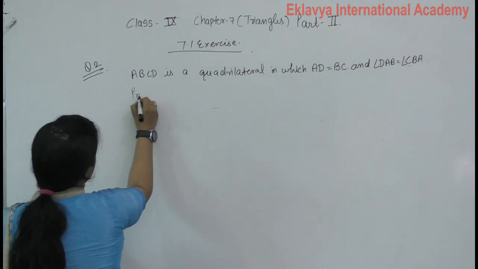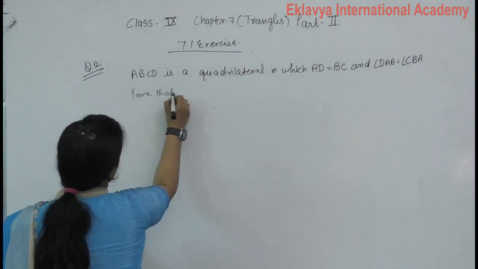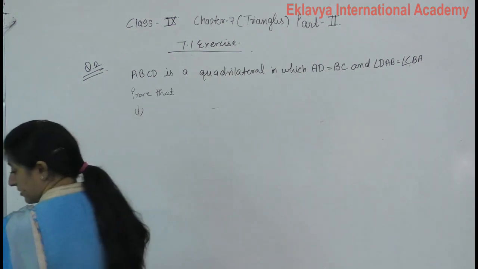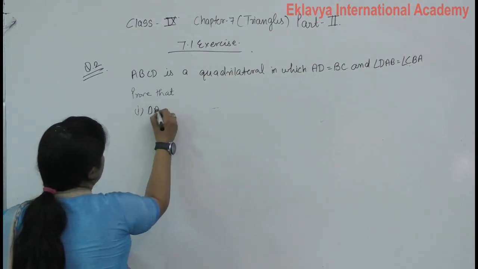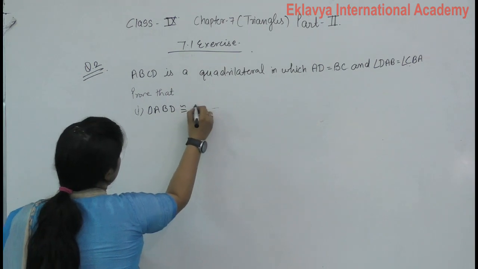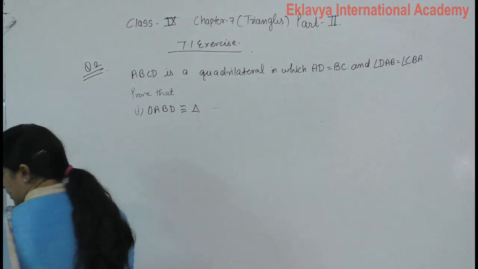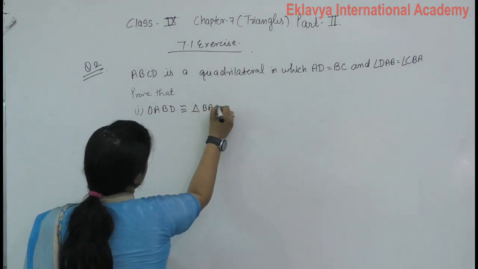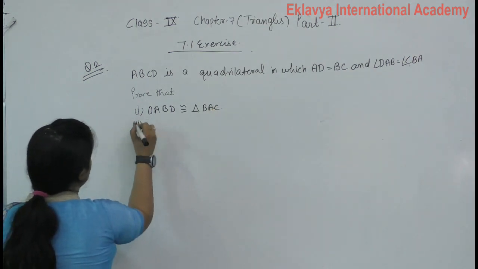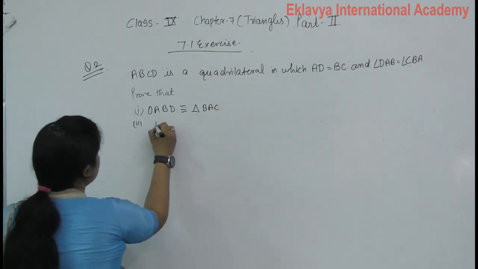Prove that first, triangle ABD is congruent to triangle BAC. Second, BD is equal to AC.